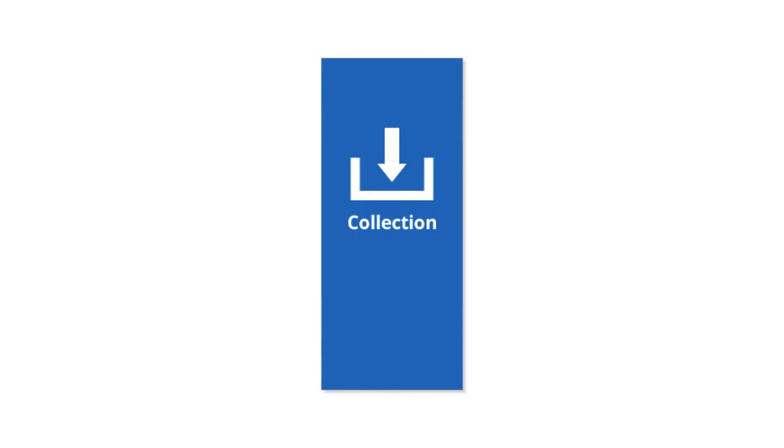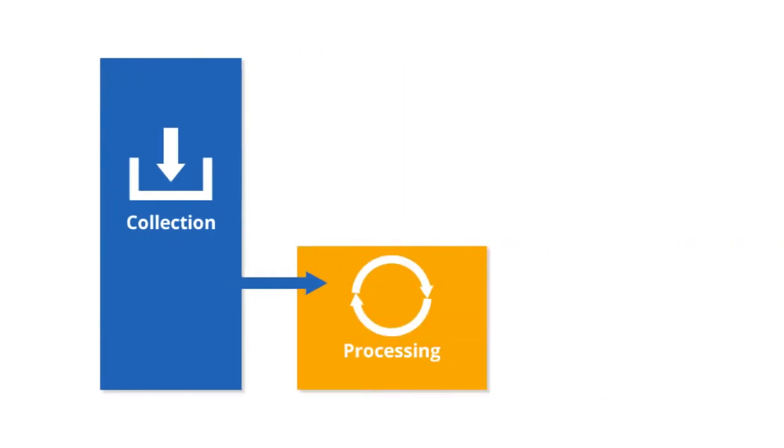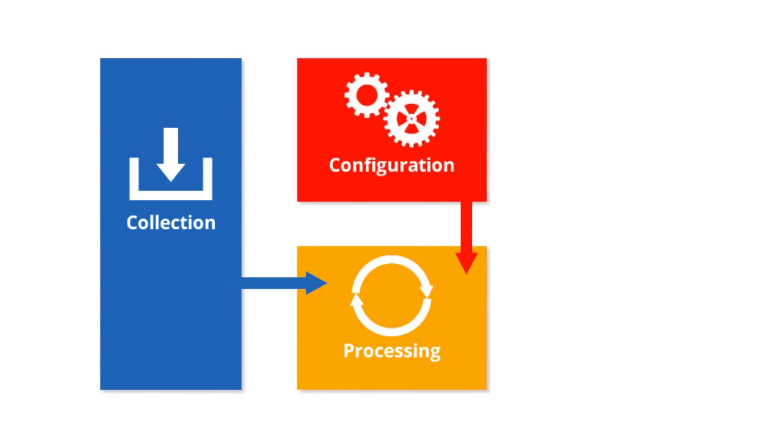Regardless of where you're collecting data from, once the hits from a user have been collected on Google servers, the next step that occurs is data processing. You can think of processing as the transformation step that turns your raw data to something more useful. For example, during data processing, we categorize your user's devices as mobile or non-mobile. In this step, Google Analytics also applies your configuration settings to the raw data.